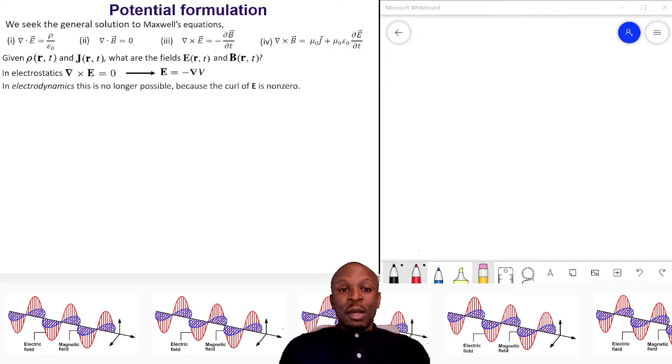Now, however, in electrodynamics, the curl of the electric field is no longer 0, but is just given by, for example, Faraday's law, which is non-zero.